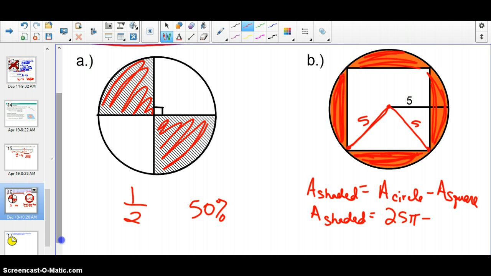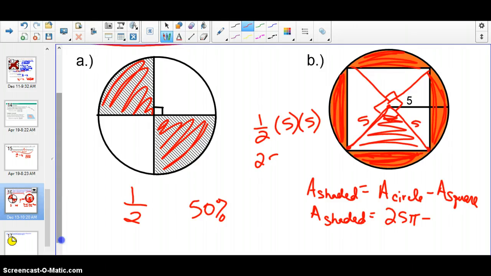And so you can think about this right triangle and how there are 4 of these right triangles inside the square. And so one of these triangles is 1/2 base times height, which is 25 over 2, and then we're going to multiply that by 4, which is 50.